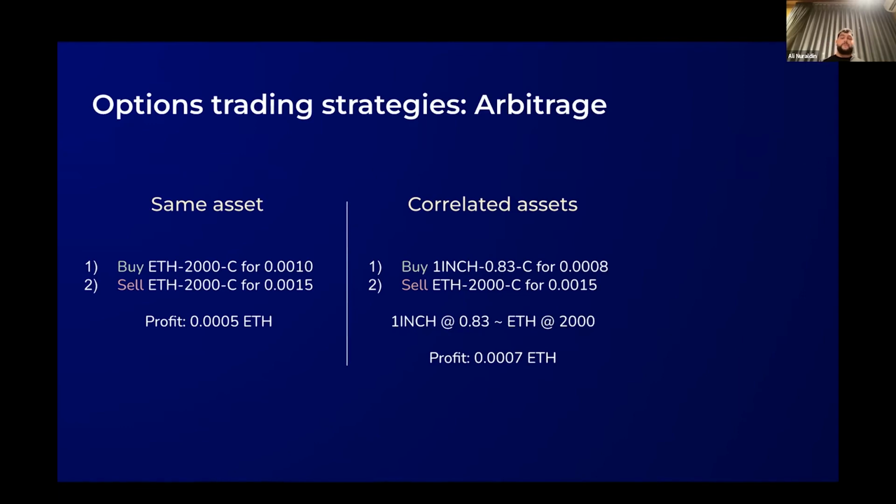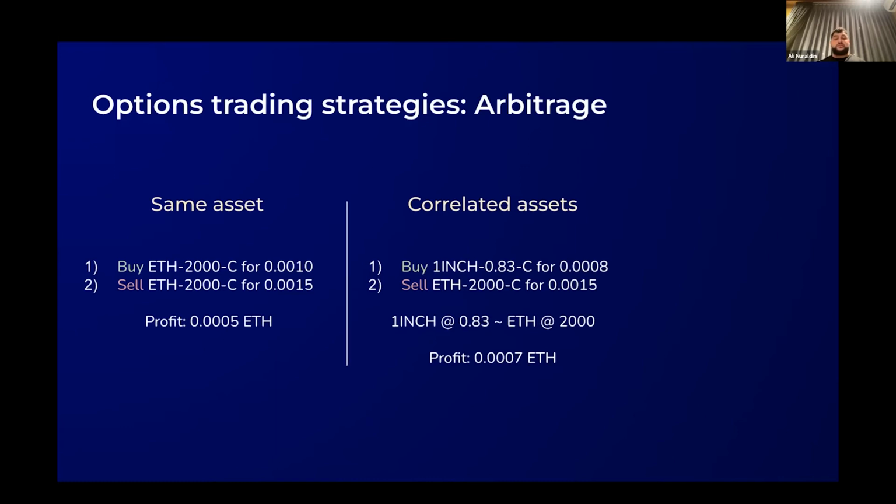So let's say we can assume that 1inch token and ETH prices are more or less correlated, or you can calculate their correlation and include it in your strategy calculations. For example, 1inch at price 83 cents is equivalent to Ethereum at price $2,000. So you can consider them correlated as well. And then you can buy 1inch options for 8 base points and sell ETH options for 15 base points and make 7 base points on it.